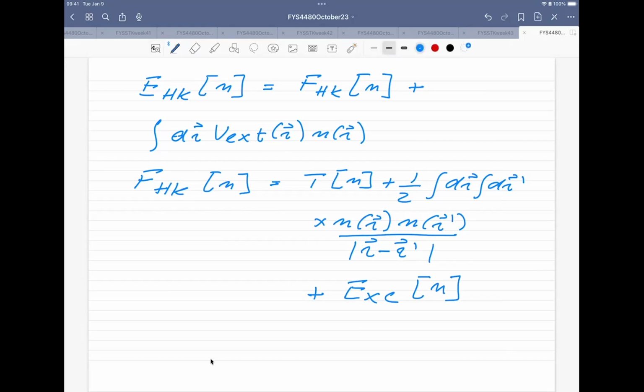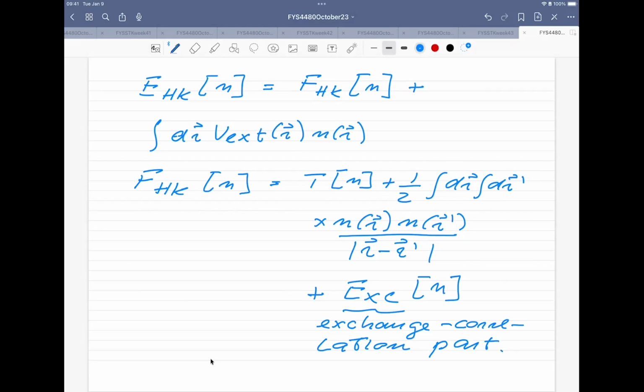So all the nasty elements in the theory are actually hidden in this exchange correlation part. And if you have that one, you have essentially the recipe for finding the energy functional. So this is called the exchange correlation part. And this is the term which makes life difficult.